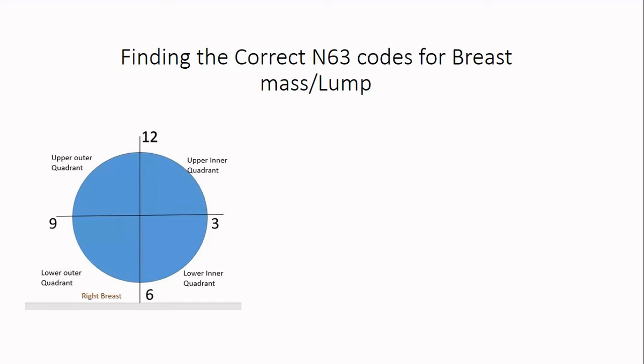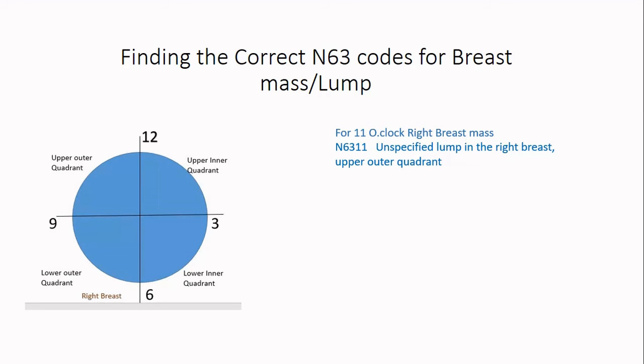So we take an example for the right breast. If you get a report with breast mass at 11 o'clock position, right breast, it will go for unspecified lump in the right breast, upper outer quadrant, as you can see in this picture.